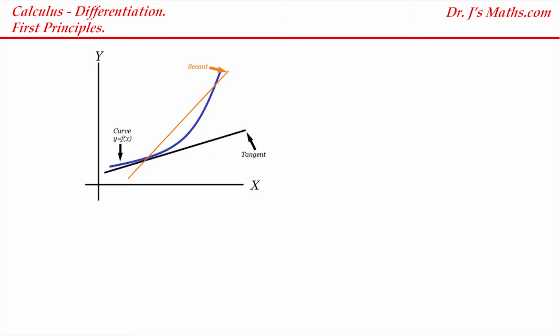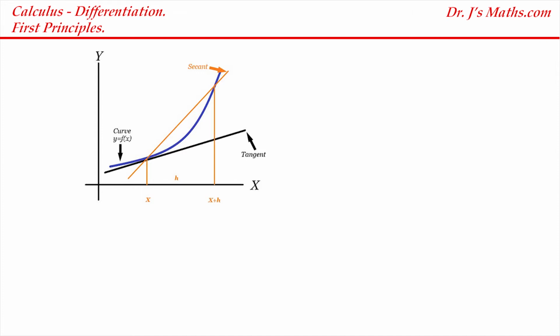Let the secant join the first point of contact between the tangent and the curve to some other random point further along the curve. Label the x-axis under the first point of contact as x. Let the distance along the x-axis to the second point of contact be h.